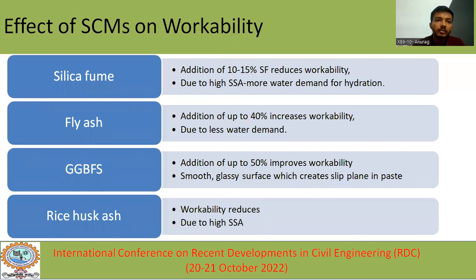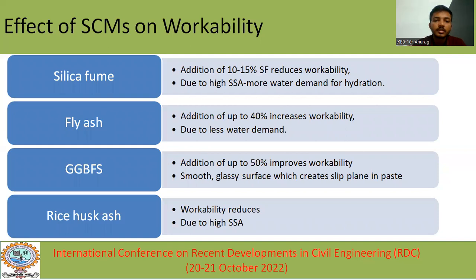So what is the effect of these SCMs on the workability? Addition of around 10 to 15 percent silica fume reduces the workability. This is due to the high specific surface area, which leads to more water demand for hydration, so workability decreases.